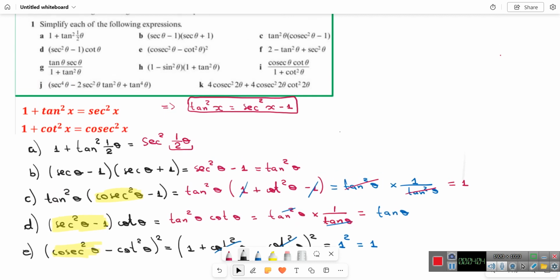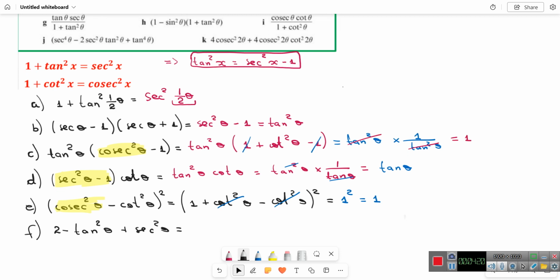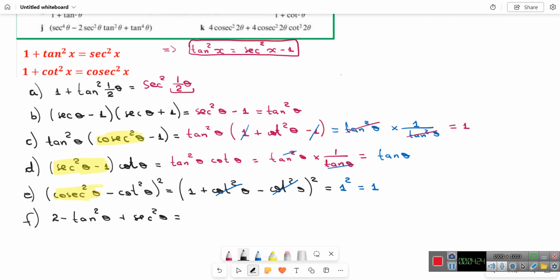E, we can do F. F is 2 minus tan squared of theta add sec squared of theta. Sec squared of theta we can replace by 1 plus tan squared.